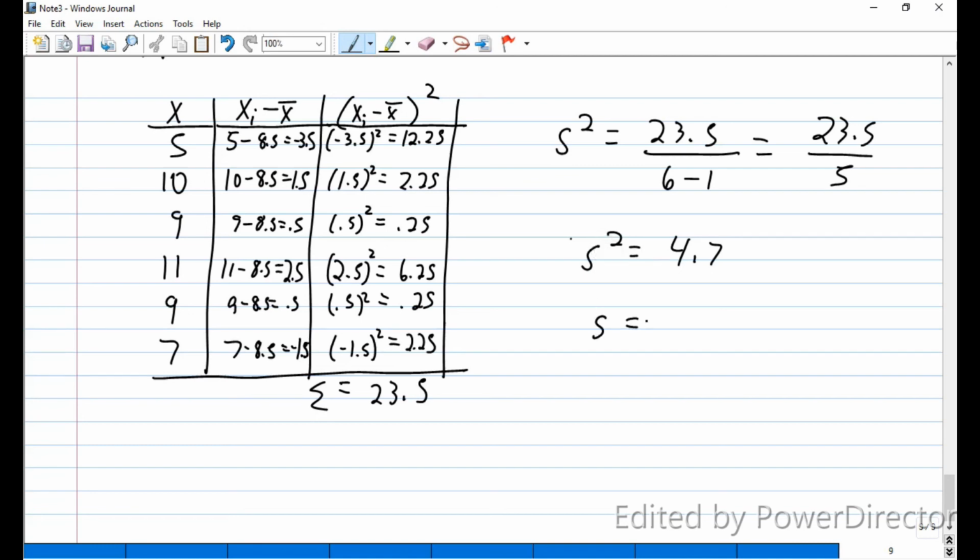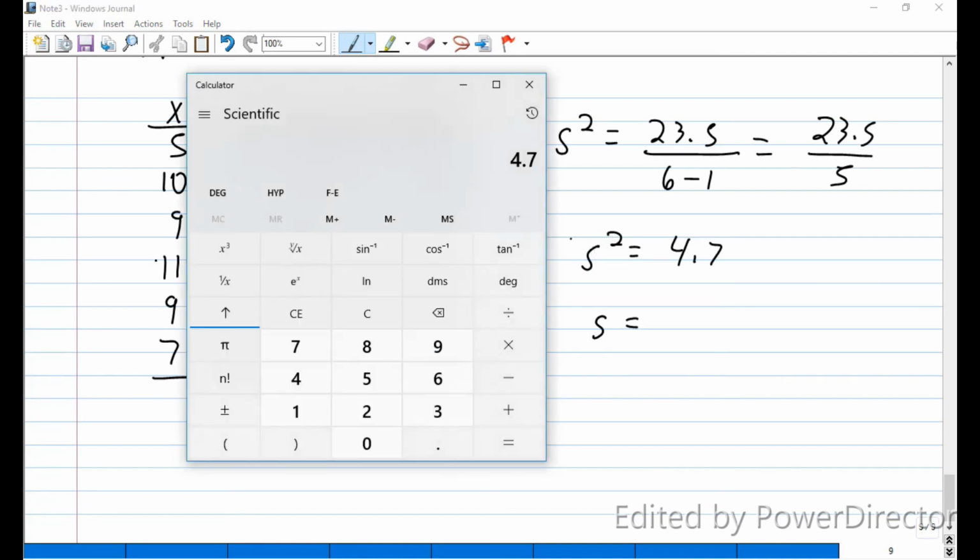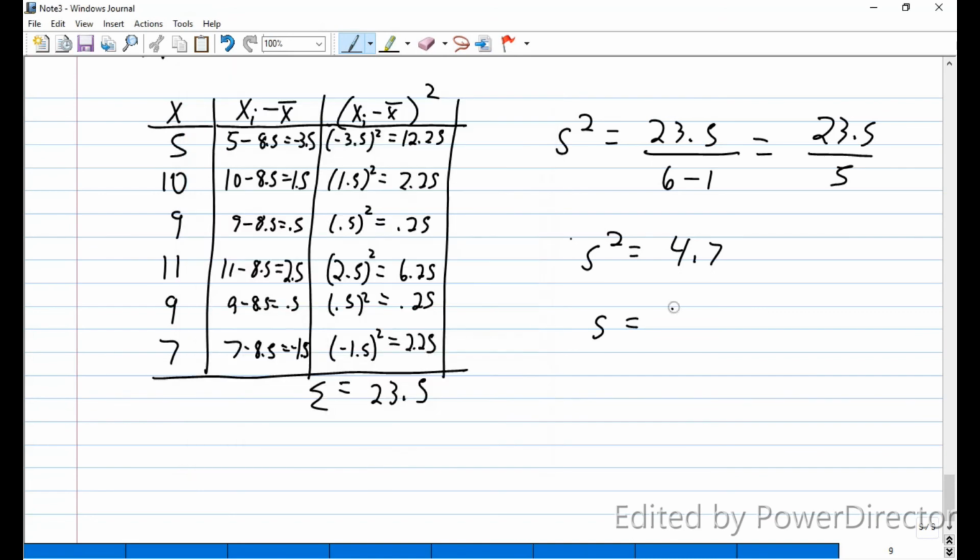What if I want the sample standard deviation? I have to take that and find the square root of it. Now I'm going to round this to one place. What would it be? 2.2. So my sample variance is 4.7.